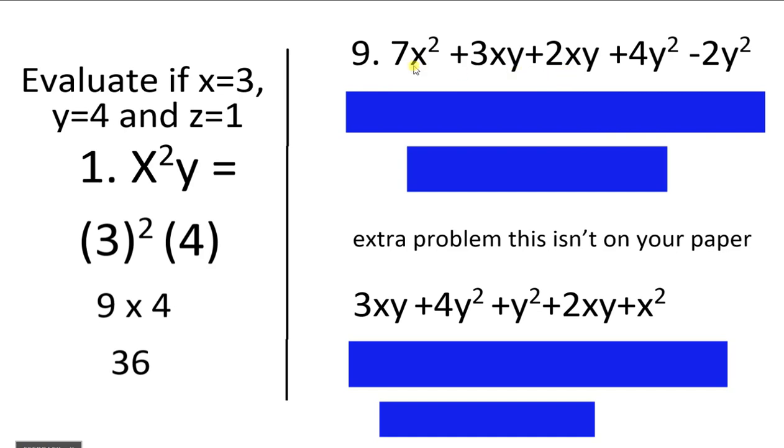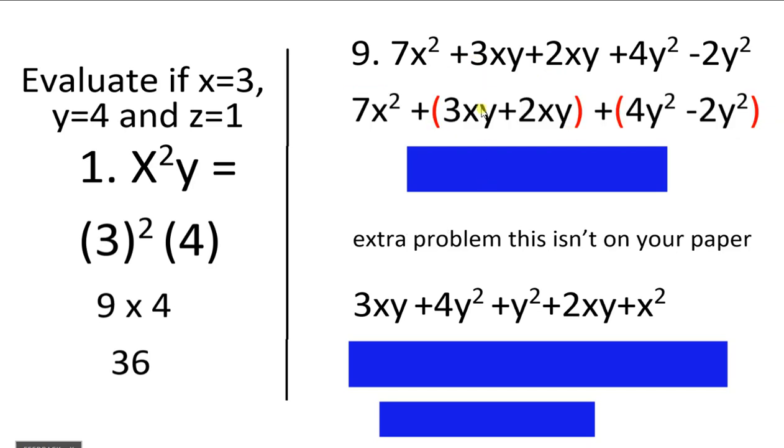Whenever you're doing these problems, if it's got add and subtract, remember you find the like terms. So x2 and xy are not like terms. 3xy and 2xy are like terms. 4y2 and 2y2 are like terms.